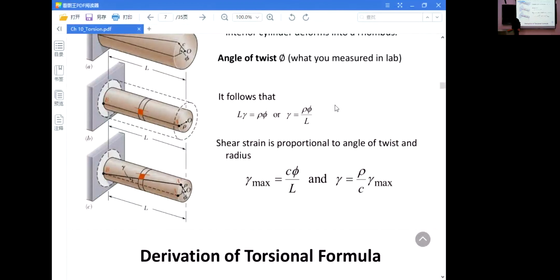Phi over L, right? Phi over L is gamma over rho.